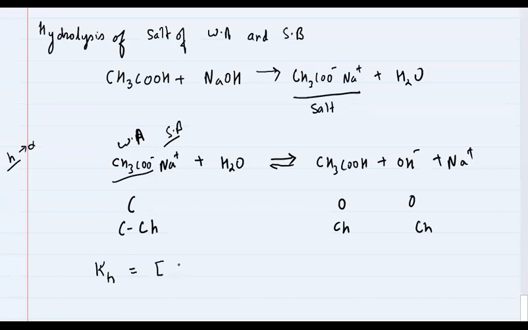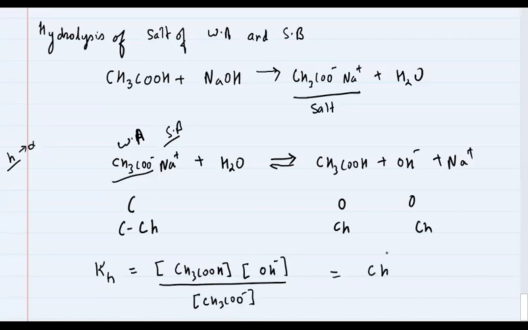Concentration of CH3COOH into concentration of OH minus divided by concentration of CH3COO minus, which is equal to CH square by 1 minus H. Agree everyone? Anyone have any issue till this point?